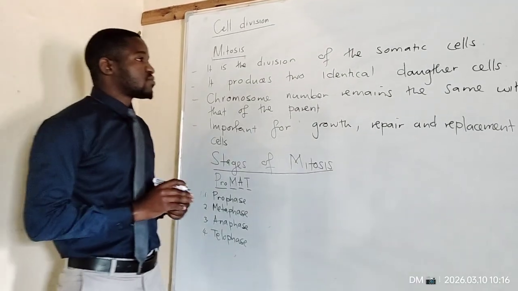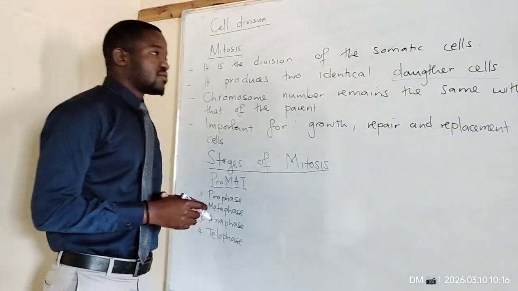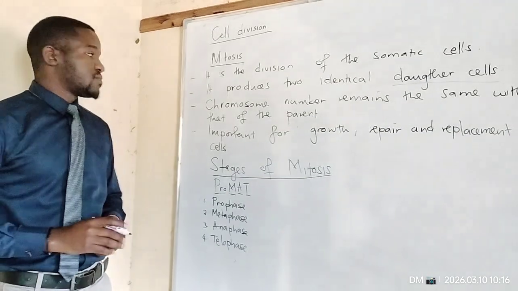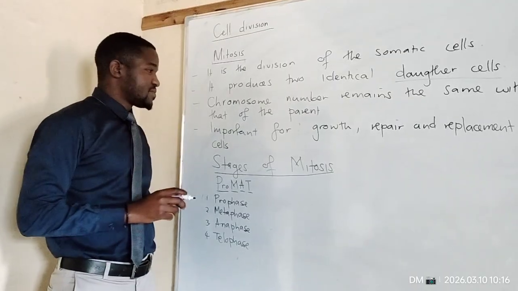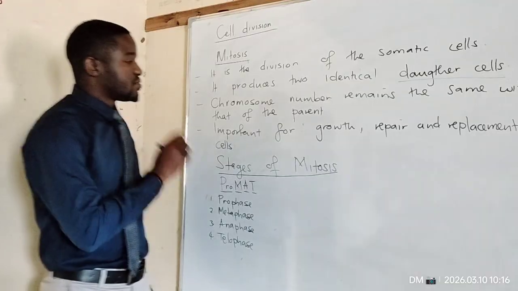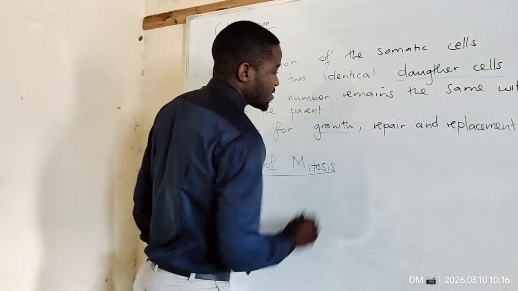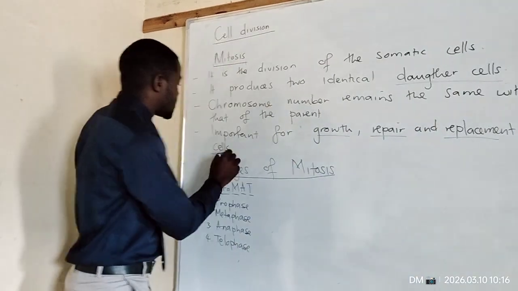Mitosis produces two identical daughter cells, and these cells are identical to the original cell that was undergoing division. The number of chromosomes in a cell remains the same. And why is this type of division important? Mitosis influences growth, it influences repair and replacement of cells.